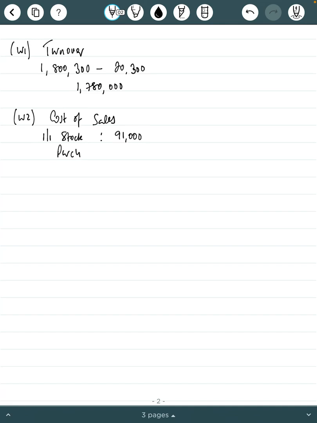Your purchases up here is 1,170,000. In this case here, lads, as I said to you on your teams, be careful, carriage inwards is there. So carriage inwards is a cost of sale. Carriage outwards would be a distribution cost, all right? And that's 6,600.